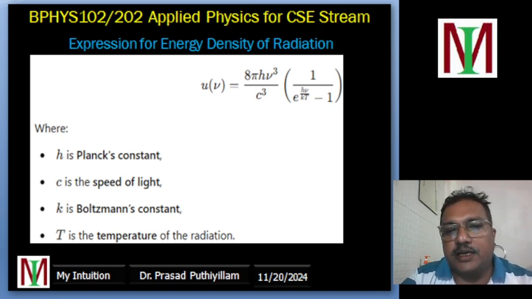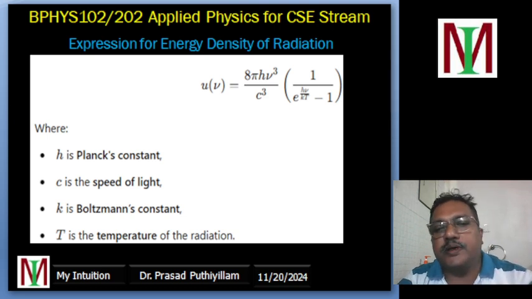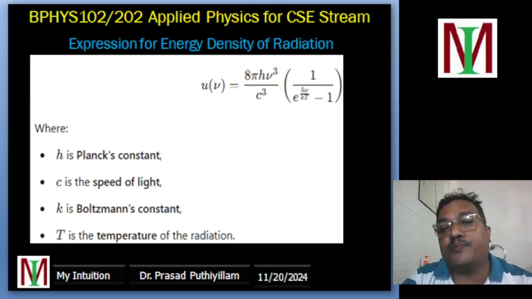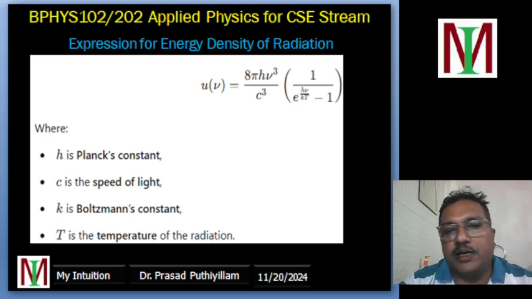So Einstein's coefficients provide the quantum mechanical explanation for how energy density arises from atomic interactions with the radiation. These Einstein coefficients bridge the gap between the quantum transitions in atoms and the macroscopic energy density of radiation, which is described by Planck's law.